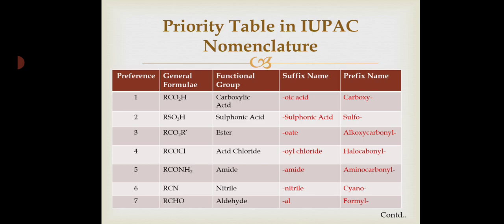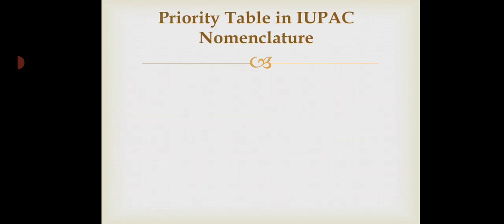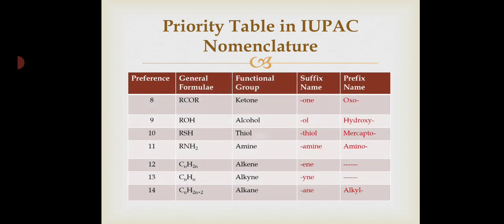Nitriles have the suffix name nitrile and the prefix name cyano. Aldehydes have the suffix name al and the prefix name formyl. Ketones have the suffix name one and the prefix name oxo.